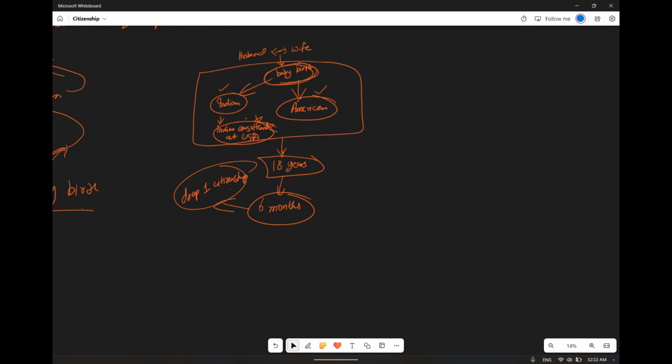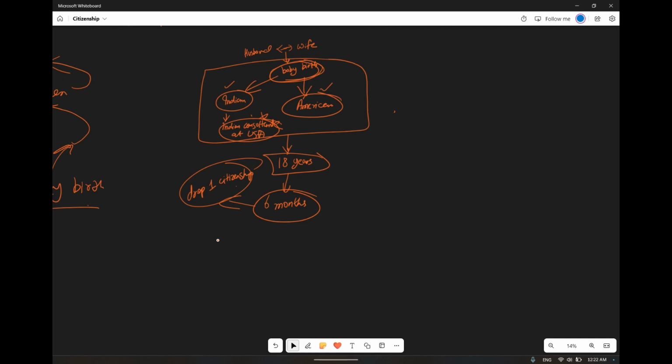With respect to dual citizenship, yes, the child can hold it if the child does not have a passport of America, and can have citizenship of India by registration at the Indian consulate in the USA. In any case, the child must not have a passport of any other country; otherwise, he will not be given citizenship of India. After 18 years, if the child is holding two citizenships, the child will be given a 6-month window period to drop one citizenship.